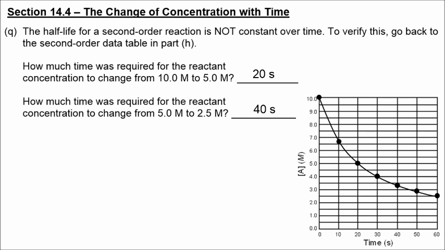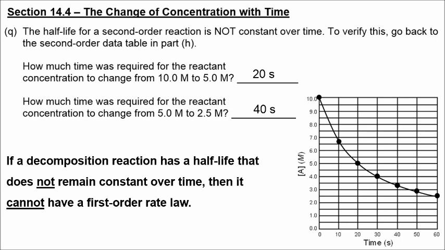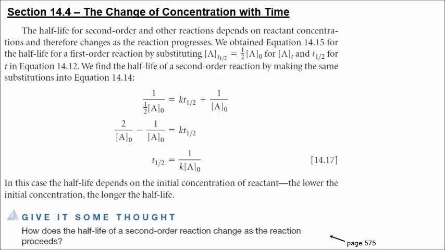So as you can see, the half-life is not remaining constant over time. If a decomposition reaction has a half-life that is not remaining constant over time, then you can prove that this would not be first-order kinetics. The half-life for second-order and other reactions depends on reactant concentrations and therefore changes as the reaction progresses.